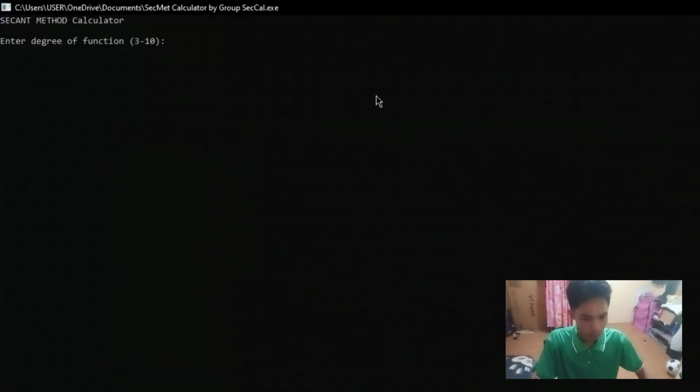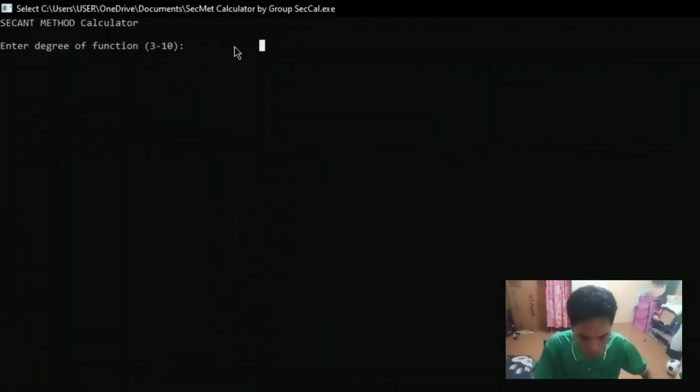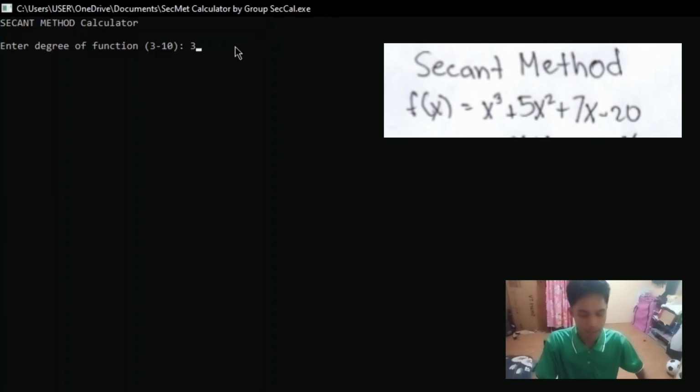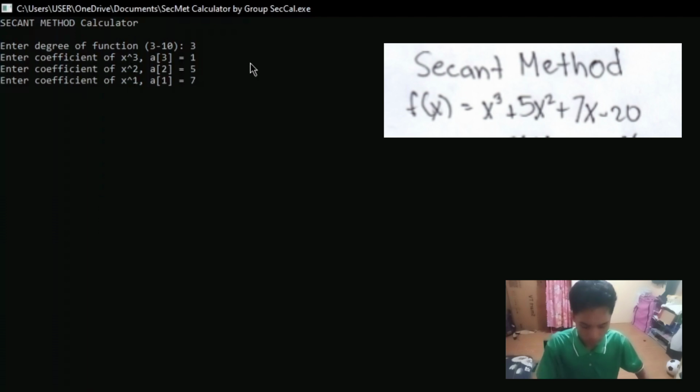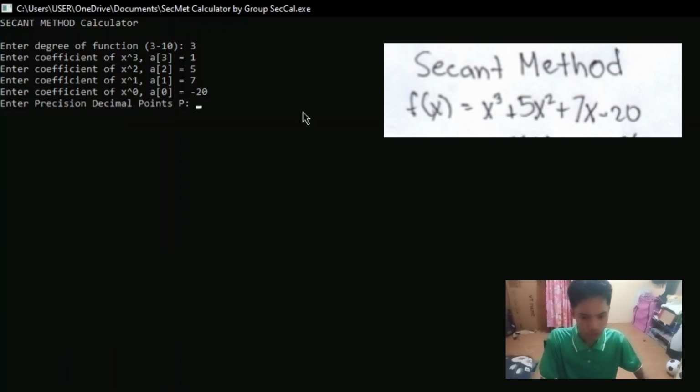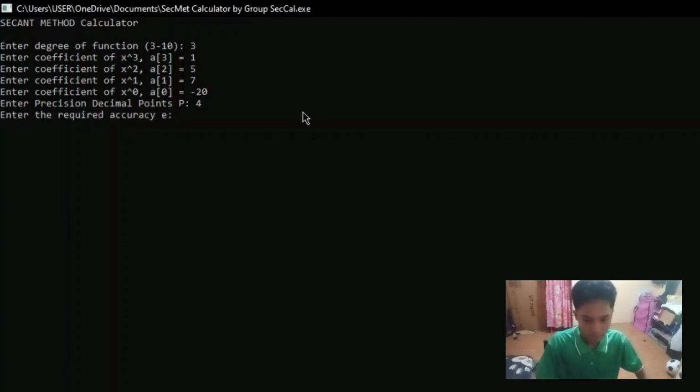Okay, so here we have it. The degree of the function was 3, x cubed. Then 1x cubed, that's 1. Then we have 5x squared. And then 7x minus 20, that's negative 20. Enter the precision decimal points. Let's just say 4. Then enter the required accuracy, about 0.0001.